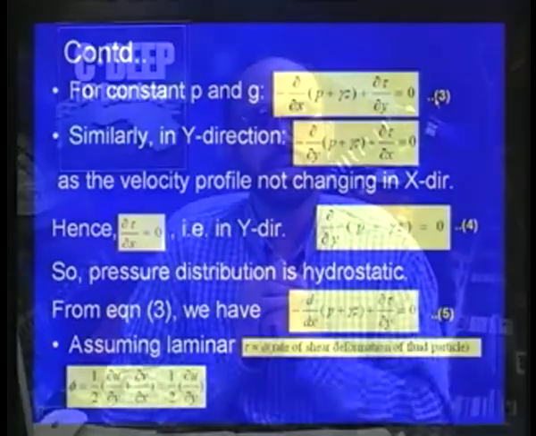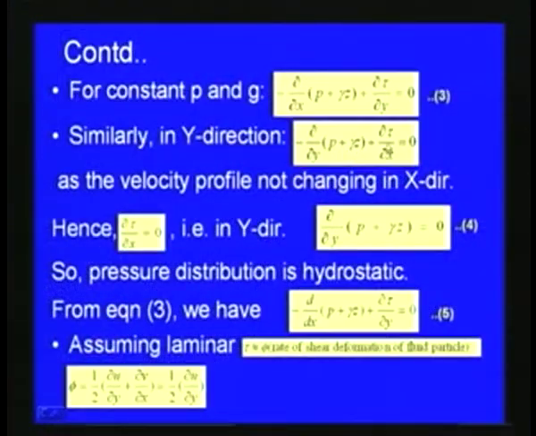In a very similar way, in the y direction we can write minus del by del y of p plus gamma z plus del tau by del x is equal to 0. Now here we get an expression with respect to the shear stress. So, we can use Newton's law of viscosity to get it in terms of velocity.